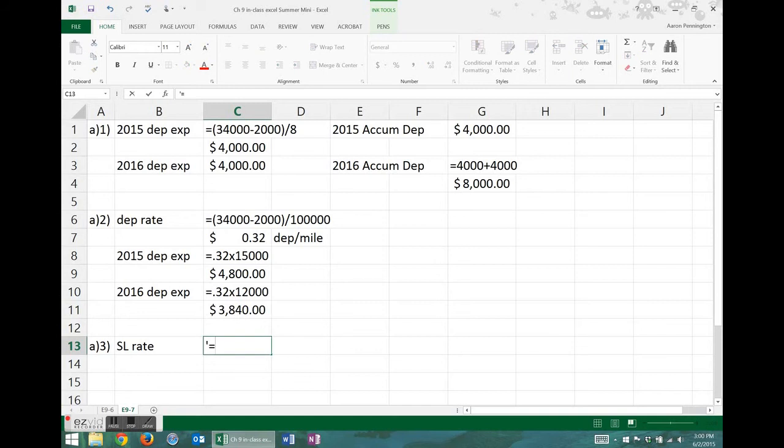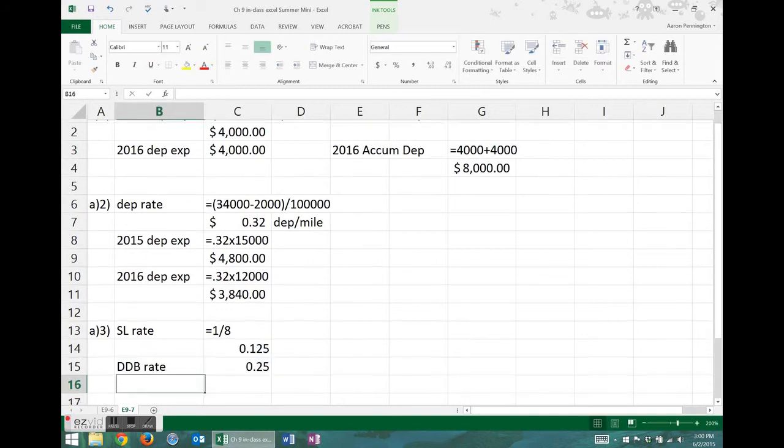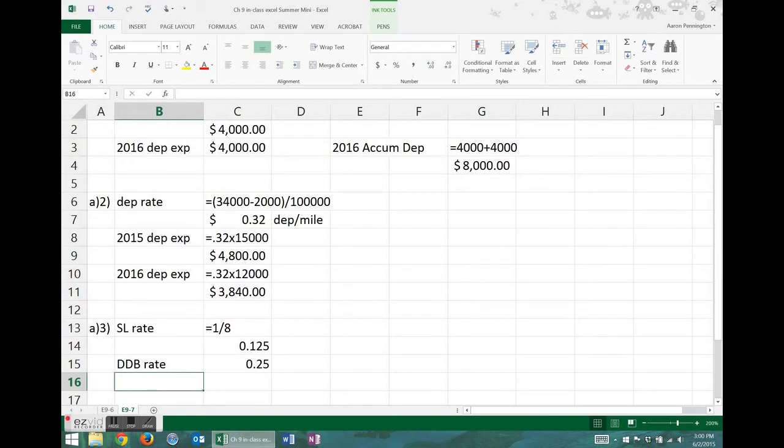So here, 1 divided by 8, which works out to be 0.125. Double it. All right, 0.25. All right, 25%.